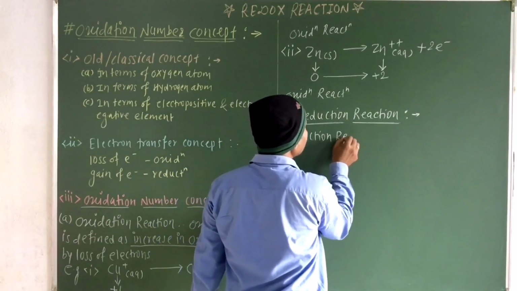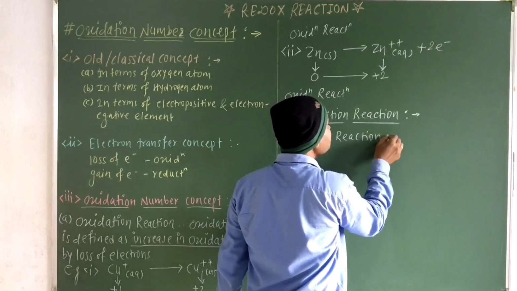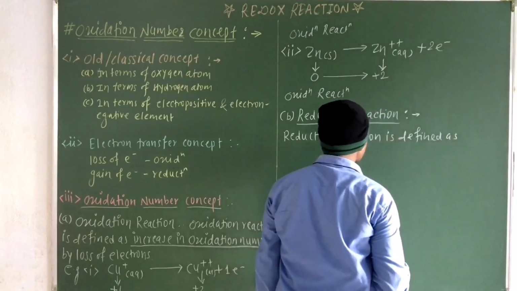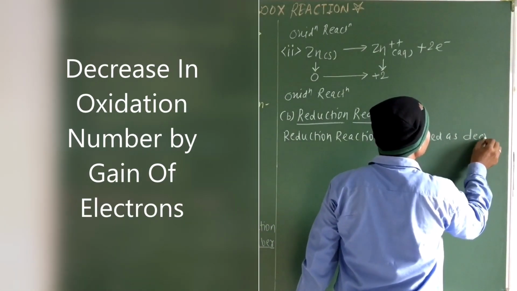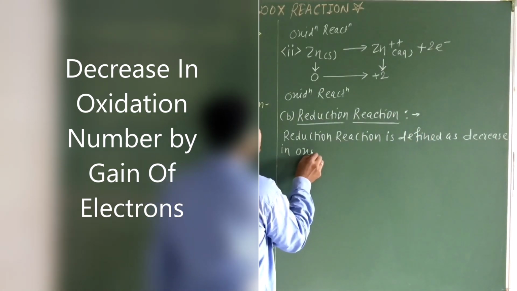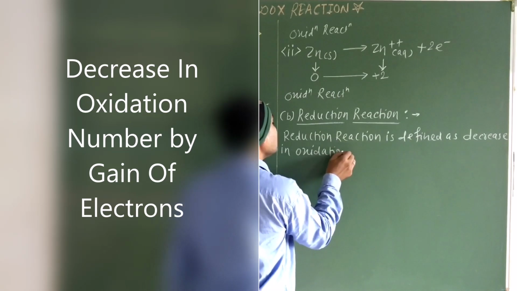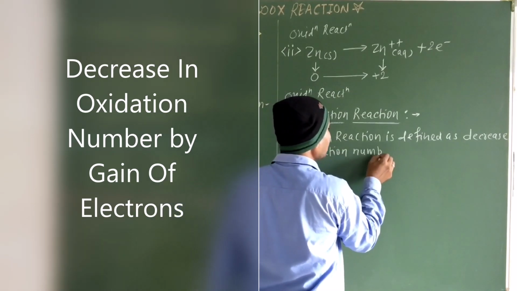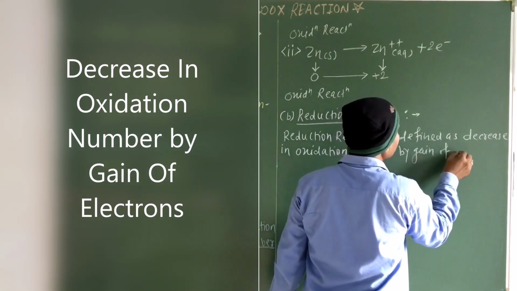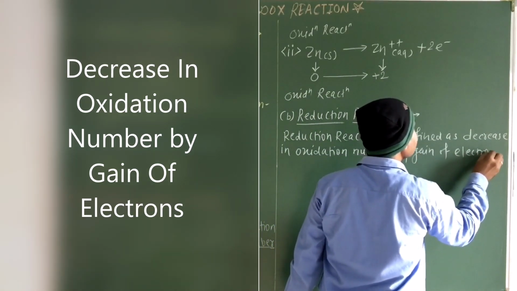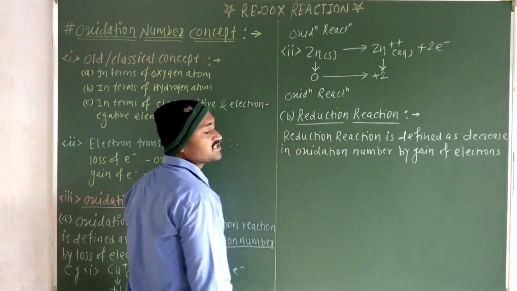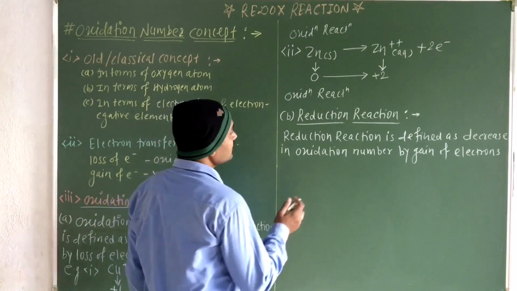Reduction reaction is defined as a decrease in oxidation number by gain of electrons. Now this particular reaction is known as a reduction reaction.